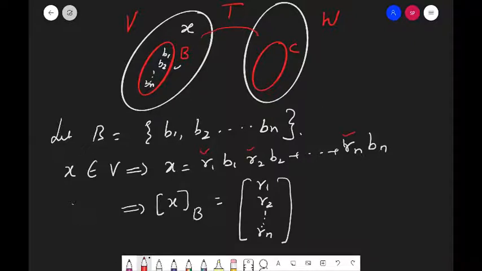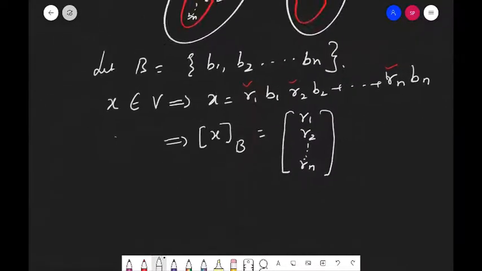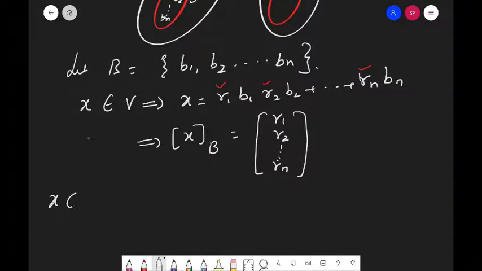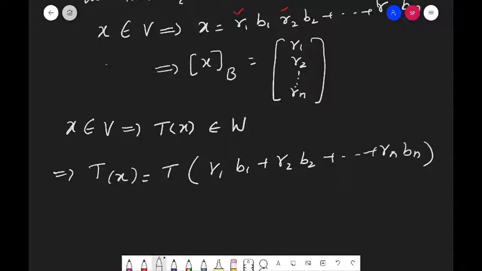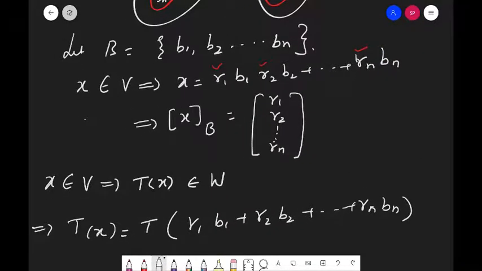Now whenever x is there, T of x will be there in W. So x belongs to V implies T of x belongs to W. Then what do we mean by T of x? T of R1 B1 plus R2 B2 plus and so on plus Rn Bn, because x is written as this.